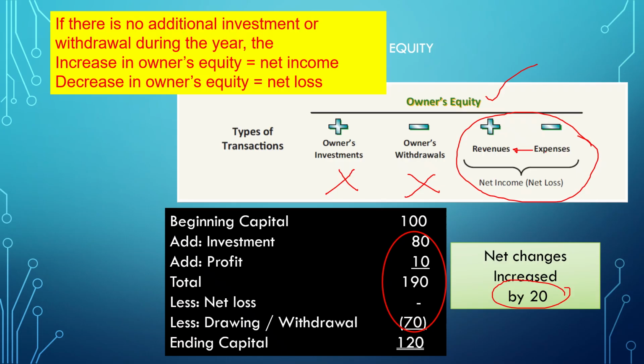Because the changes are 80 investment plus profit 10. So there's total increase of 90, but withdrawal is 70, so there's decrease of 70. So 90 minus 70, there's net increase of 20 for the ending capital. Okay?